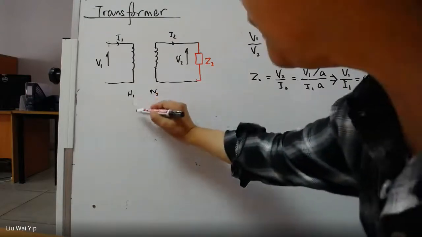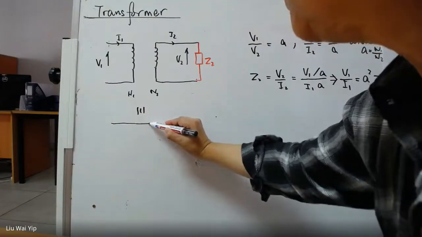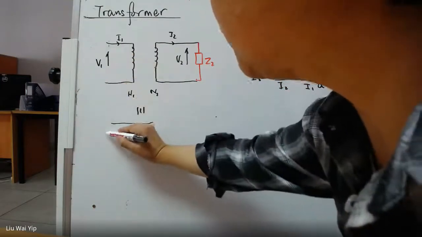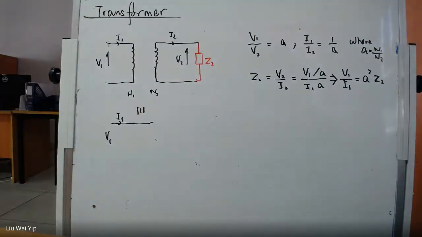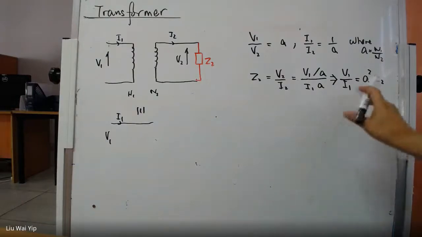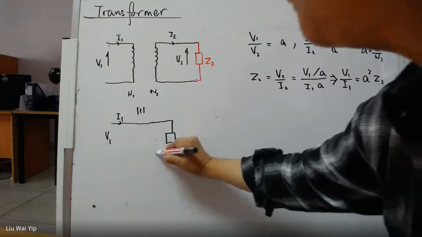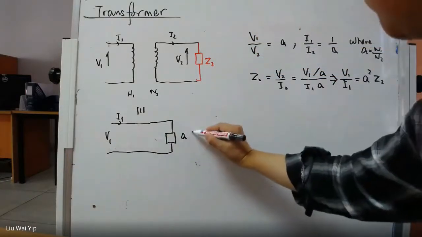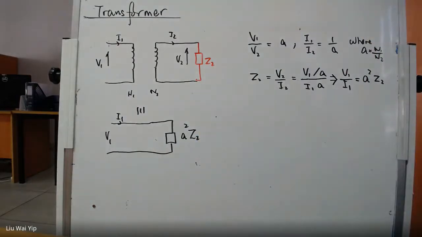So can we draw a conclusion here? This one is equivalent to V1, I1. So instead of doing all these things, we can safely say that you don't really need to go through all this analysis.